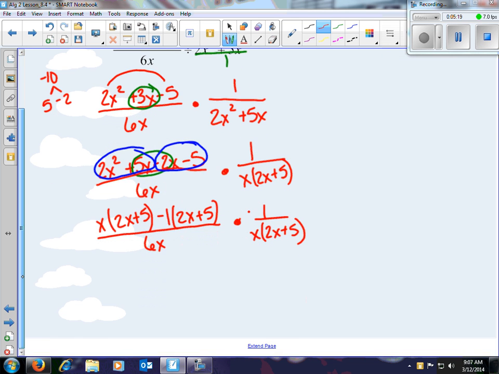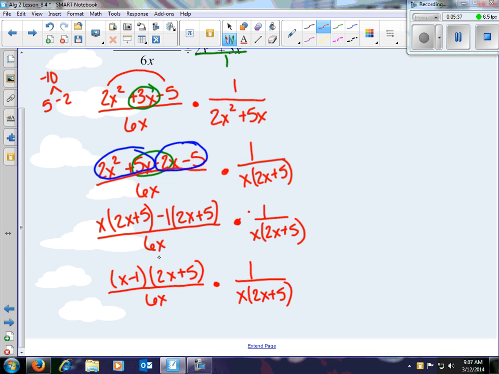Now I need to combine these pieces. So I have x minus 1, and I have 2x plus 5 as my top factors, again divided by 6x times 1 over x times 2x plus 5. Now I need to cancel my pieces, so I have a 2x plus 5 here and a 2x plus 5 here. I can't cancel this x with this x minus 1 because x minus 1 is hooked together.